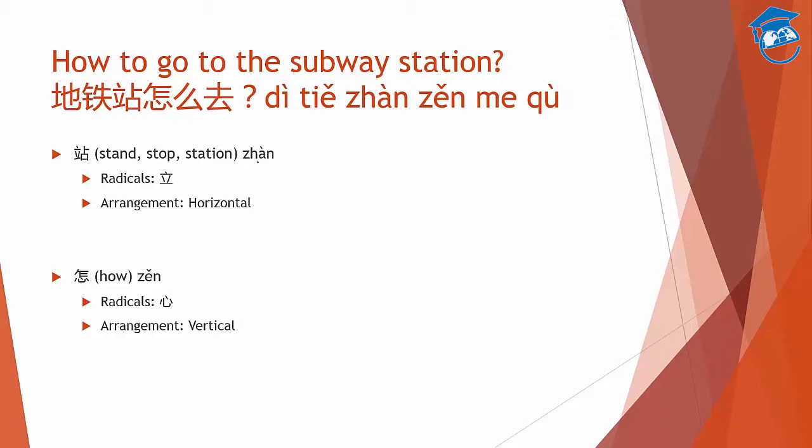This is the pinyin. The radical is what's on the left there. So the arrangement is horizontal. So here's how to write 站. 1、2、3、4、5、6、7、8、9、10。站 10 strokes.